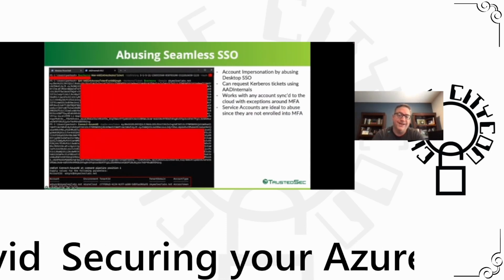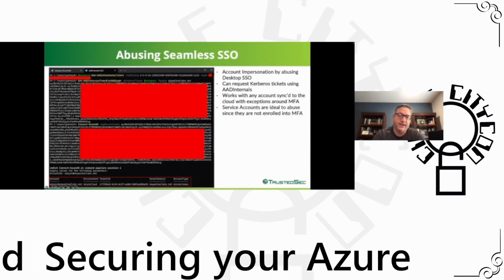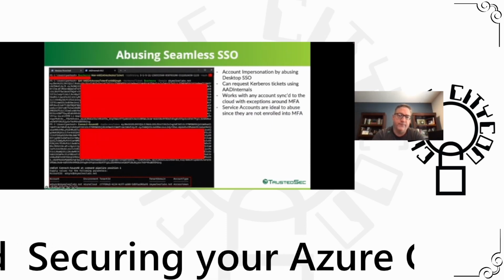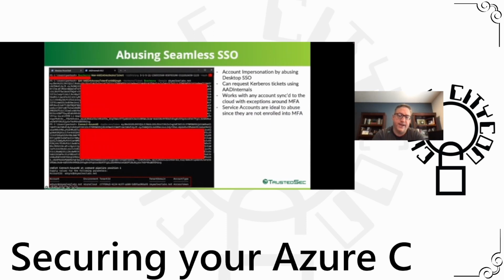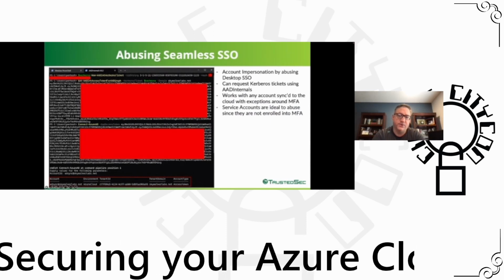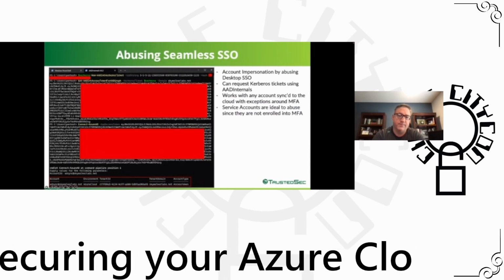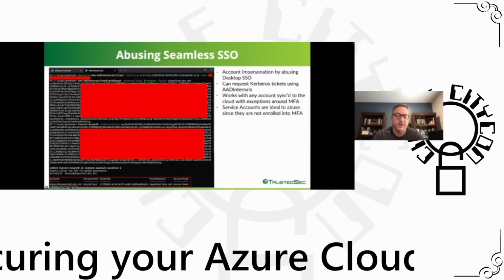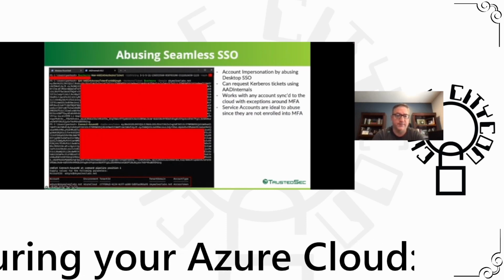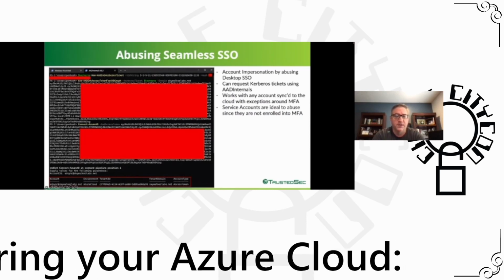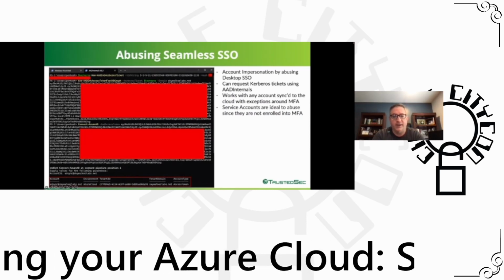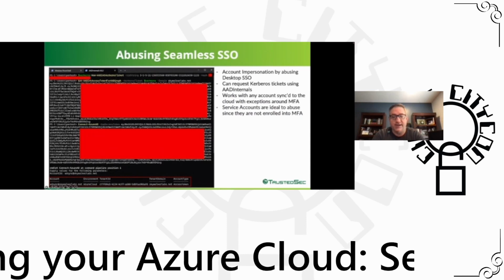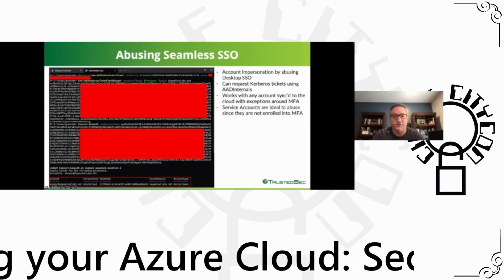But what's really neat about this attack is if you have synced accounts that are stored out in your cloud that are not backed with MFA, and just think in terms of service accounts, I see them very frequently on different things. You can impersonate any synced account of your choosing.